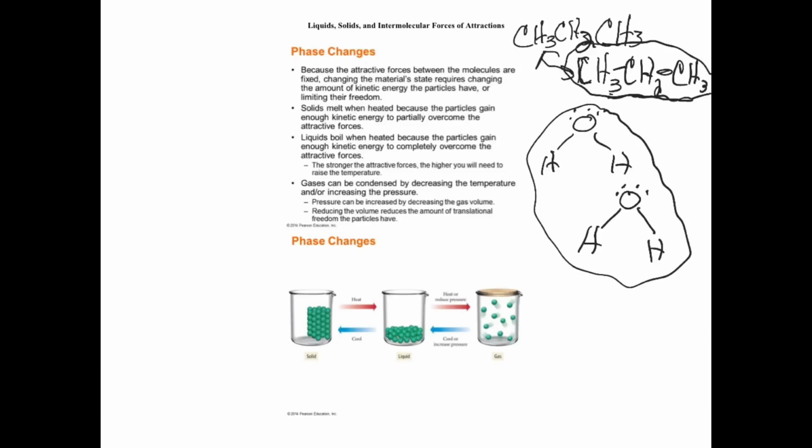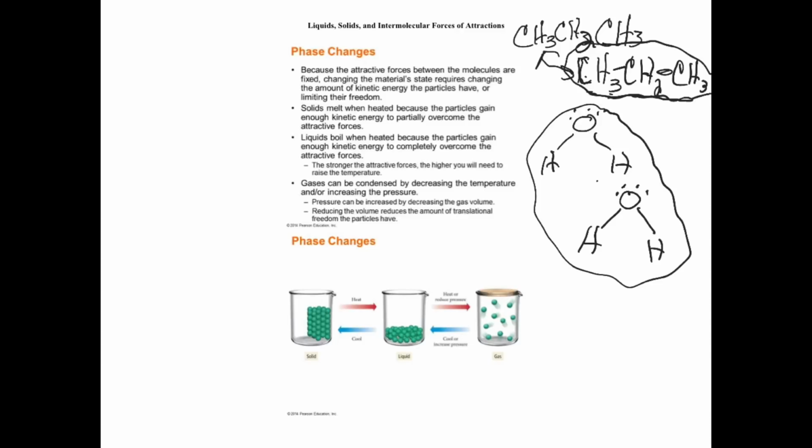So that's why at room temperature propane is a gas, because the molecules are not able to hold each other close enough together to withstand the kinetic energy at room temperature. The kinetic energy is enough at room temperature to break apart liquid propane, but it's not strong enough to break apart liquid water.